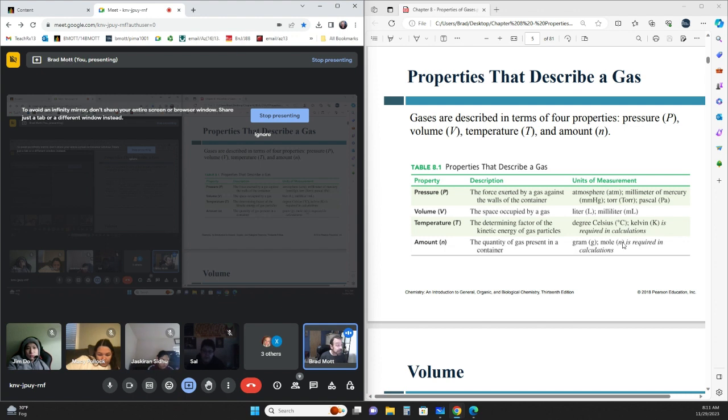And the amount, we'll circle back to when we look at Avogadro's, because we're going to be using Avogadro's number to measure the number of molecules in a given container of gas. Pressure is measured in a bunch of different ways: atmospheres, millimeters of mercury, torr, and pascals. We'll look at atmospheres, millimeters of mercury, and torr primarily, and volume in liters and milliliters.